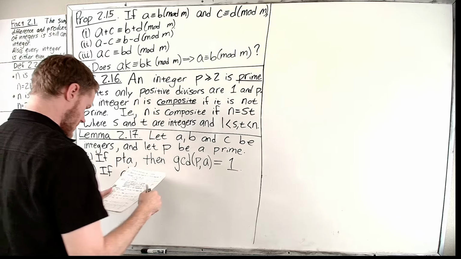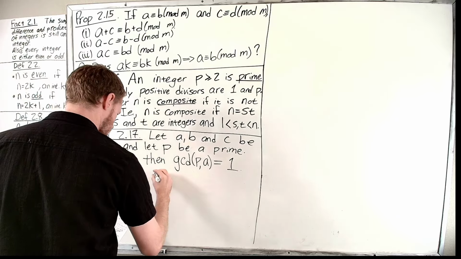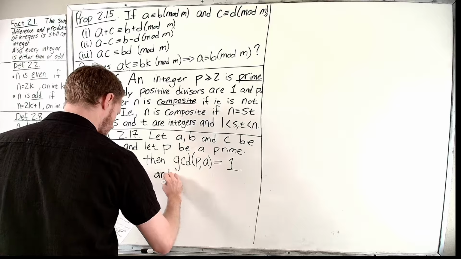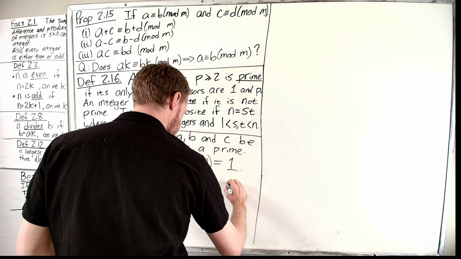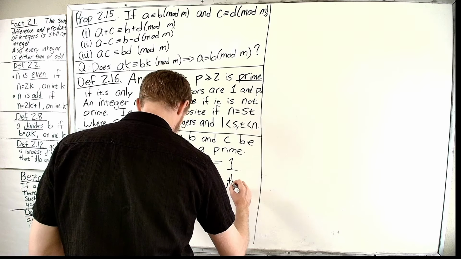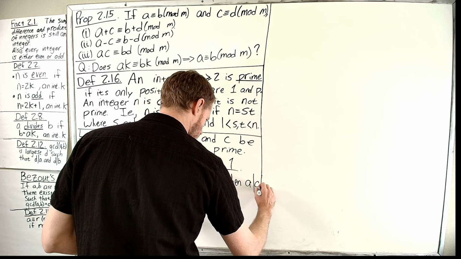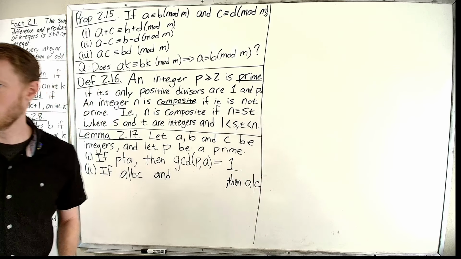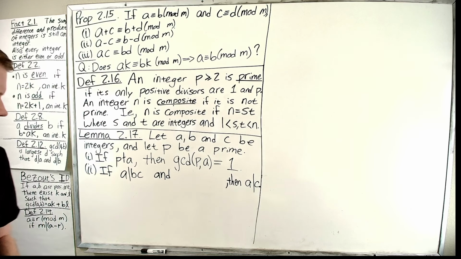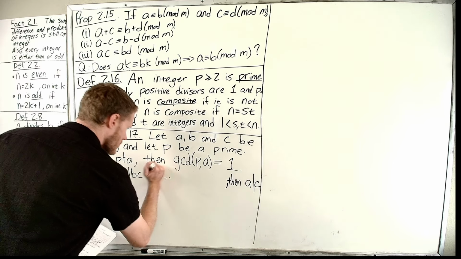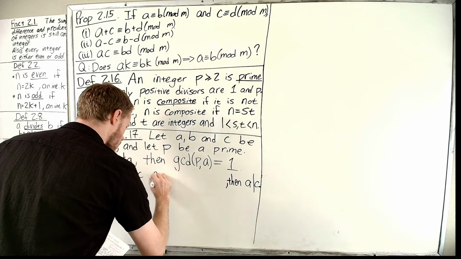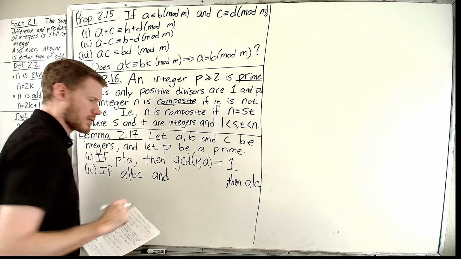So a divides bc, and something, and then we can say a does divide c. Kind of squeezed it in there, but leaving plenty of room. So what is that thing, do you think?